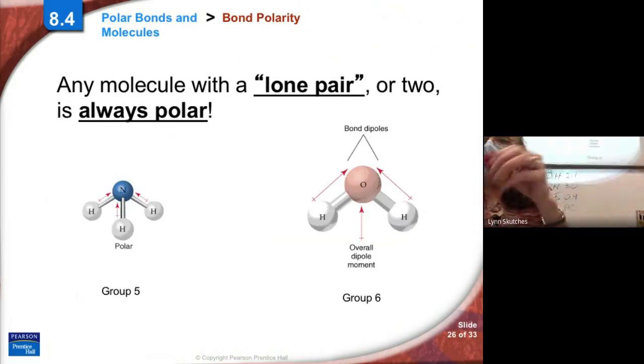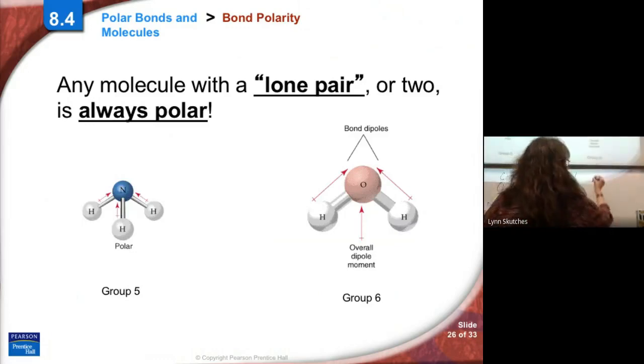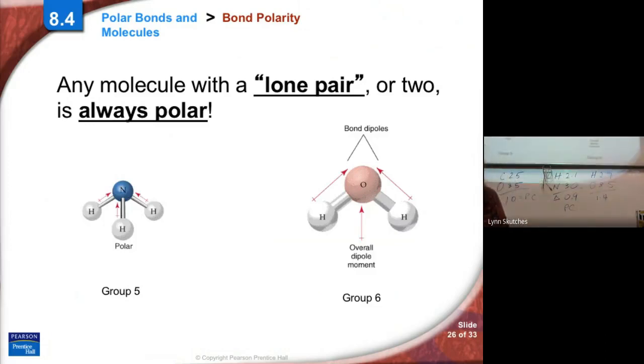So water molecules, 2.1 for hydrogen, 3.5 for oxygen. That's a 1.4 difference. Very much a polar covalent bond.